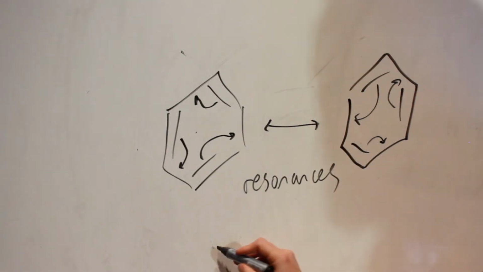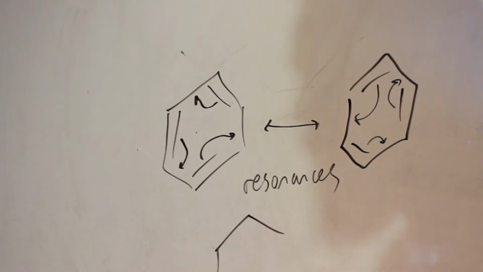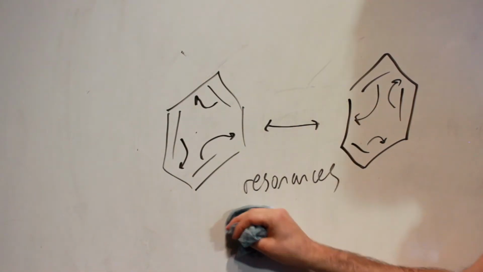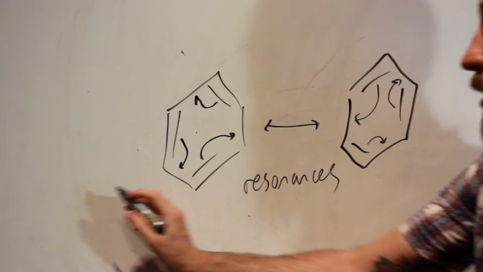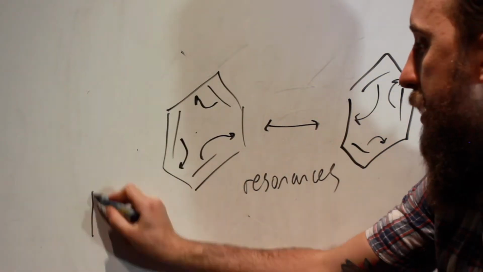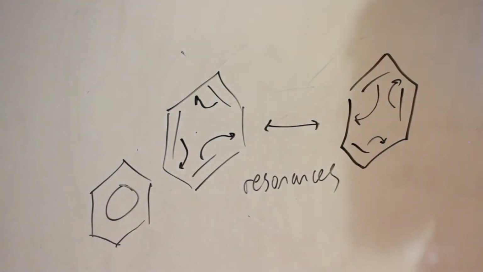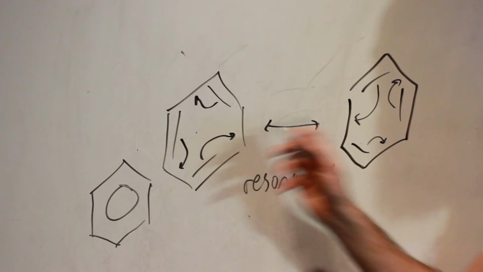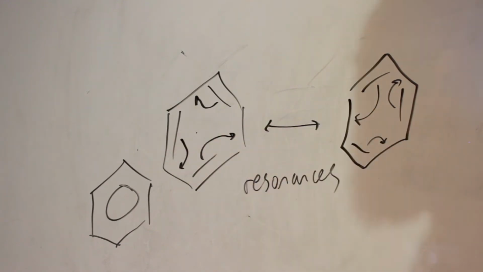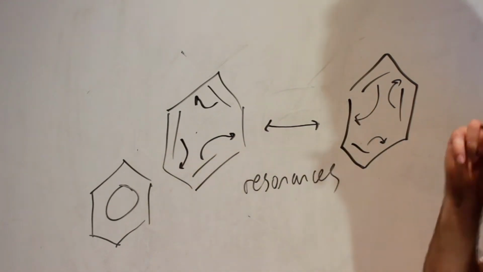And in actuality, these aren't true single or true double bonds. They're kind of 1.5 bonds, like I said in that video, which I keep referencing. And we can draw this with a circle like that to represent the aromatic nature. So aromatic compounds have these delocalized pi electrons that can move around and form these kinds of resonance structures.